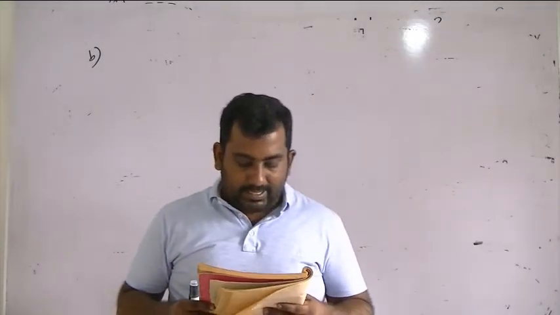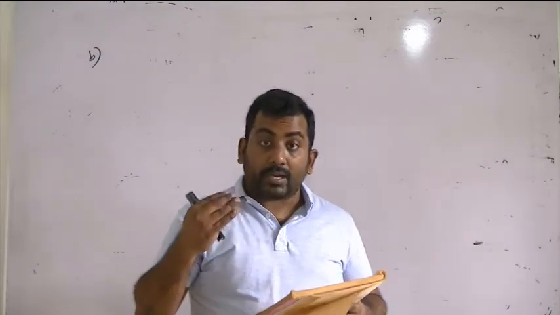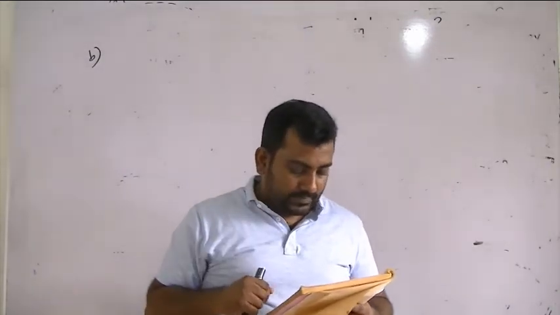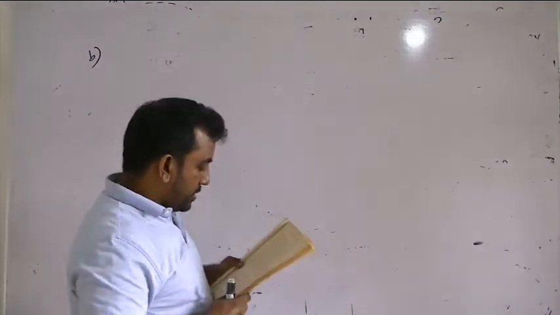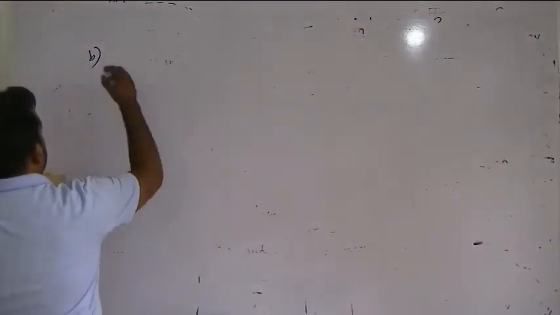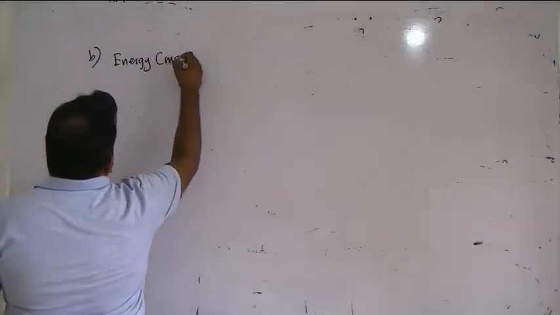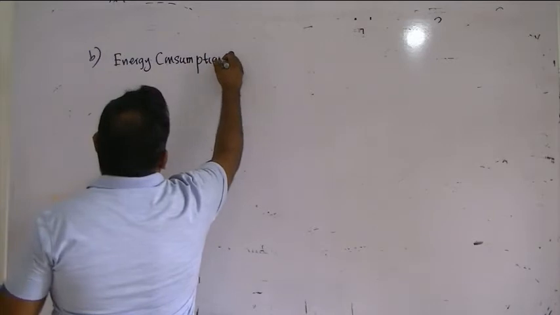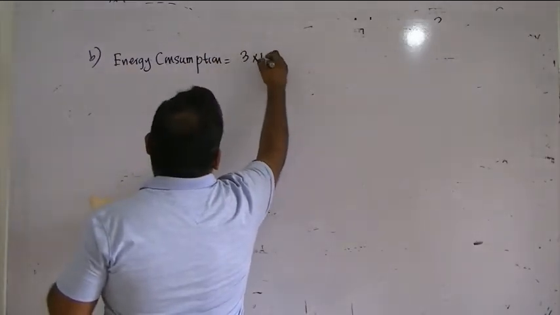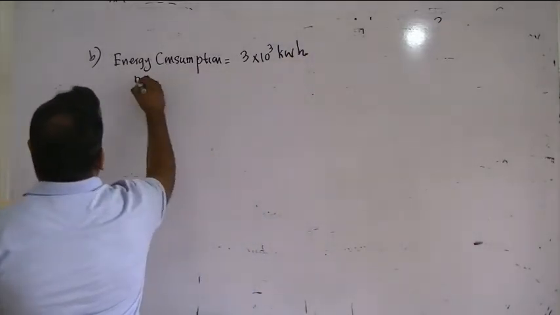Part B. The present electrical energy consumption in Sri Lanka is 3 times 10 to the power 9 kilowatt hours per year. Kilowatt hour is a unit of energy. Calculate the above consumption per year in joules. 3 times 10 to the power 9 kilowatt hours per year.